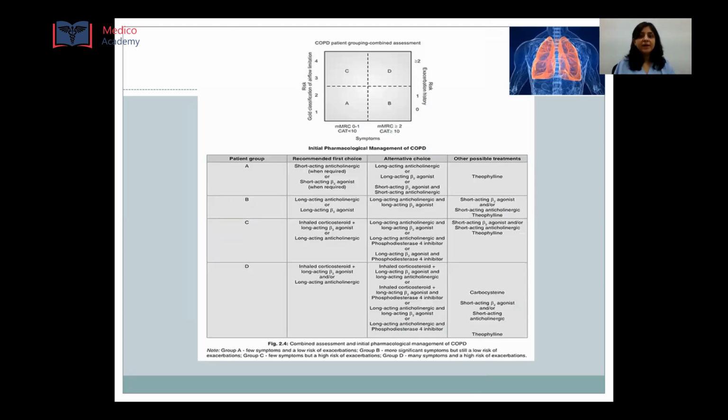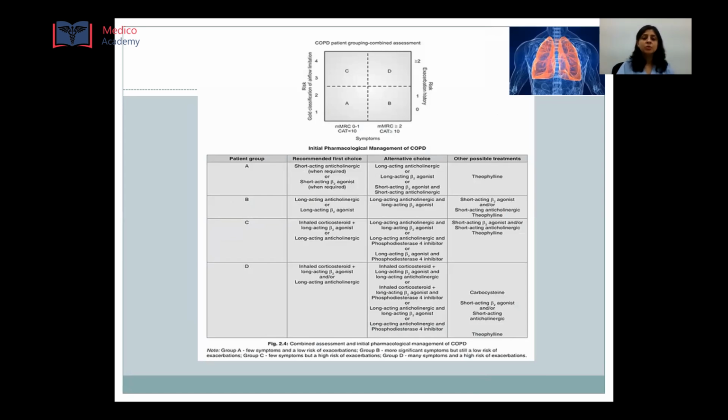Now, the COPD patients, on the basis of their risk, on the basis of their symptoms, have been categorized into 4 categories. Group A are the patients who have got few symptoms and are at a lower risk of exacerbation. Group B, who have got more significant symptoms but are still at a lower risk of exacerbation.